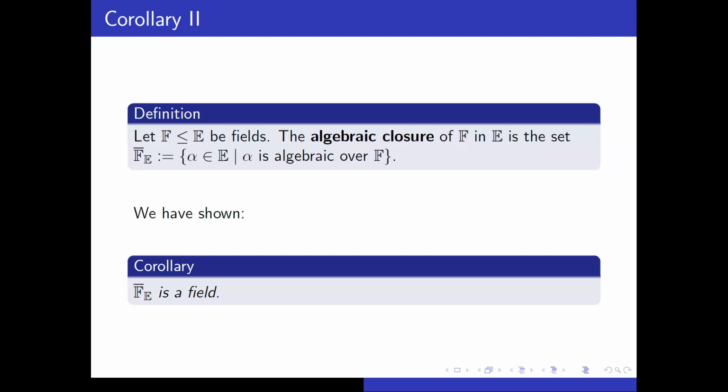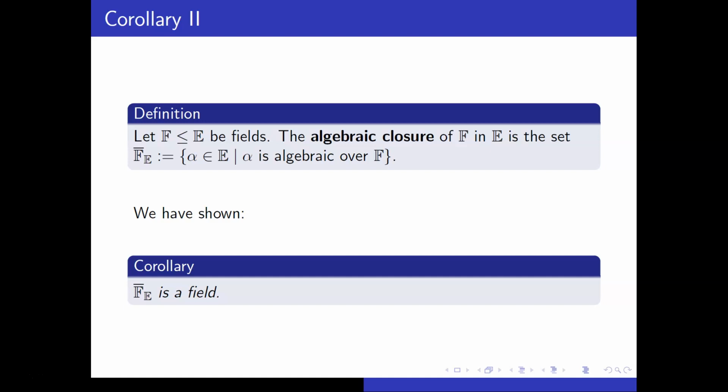Now, what we showed in the previous corollary, so we showed that the sum and the difference of algebraic elements is algebraic, the product of algebraic elements is algebraic, and we've shown the inverse of an algebraic element is algebraic.